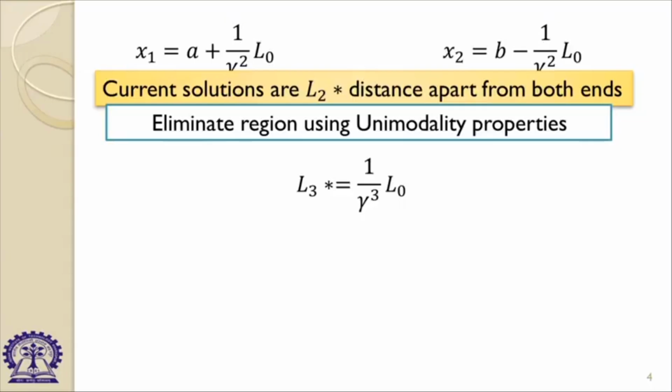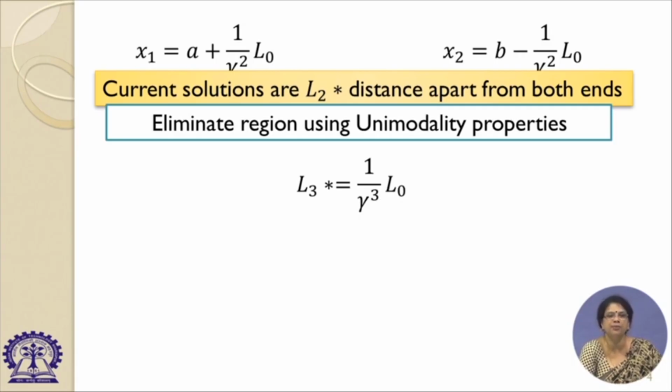And once we get another interval, we get 2 endpoints of that interval, and again we will consider x3 star. What is the value for that L3 star? That is L naught divided by gamma cube.